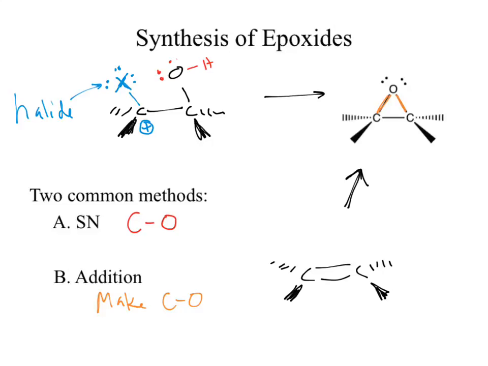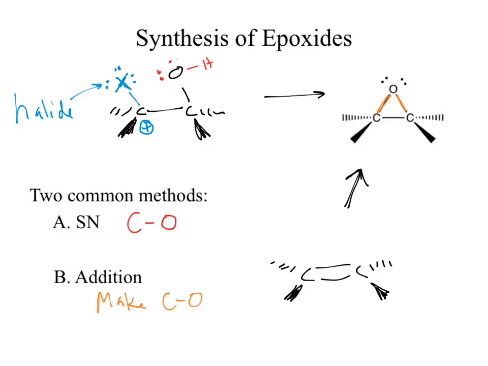And this is where this one gets a little bit trickier, trying to decide positives and negatives on those. Well, if we made 1 positive, what should the other one be? Negative. Well, then that puts 2 negatives next to each other. So the reaction in this case, our addition reaction with the alkene and a particular reagent, that reagent is going to have to supply what? What atom is currently missing as we go from the alkene to our epoxide?